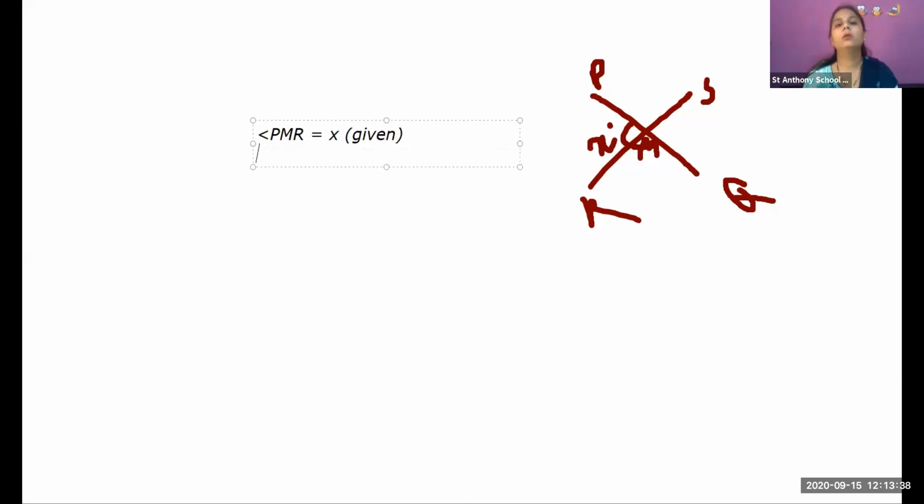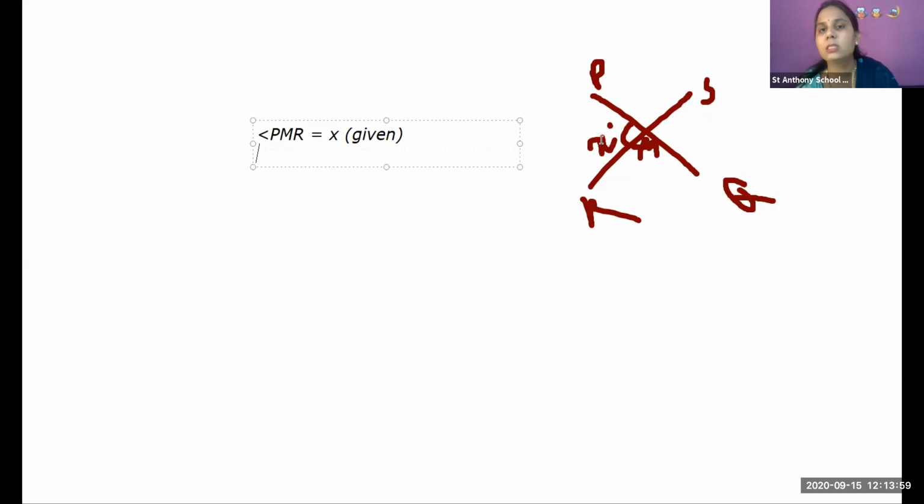Now we have to find this angle RMQ, we have to find PMS, and we have to find SMQ. And we only have PMR equal to X degree given, right? Now if angle PMR is given, we can find out angle SMQ. How?